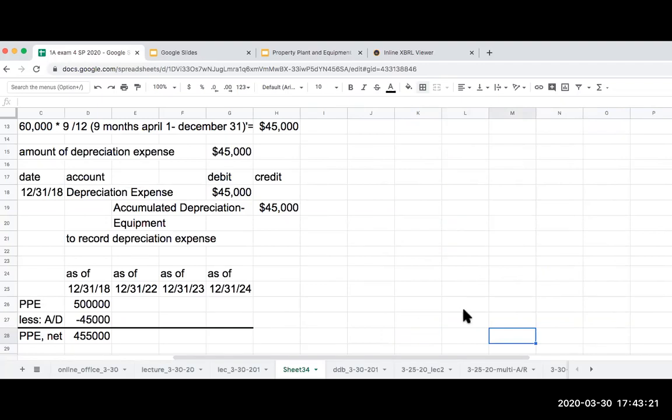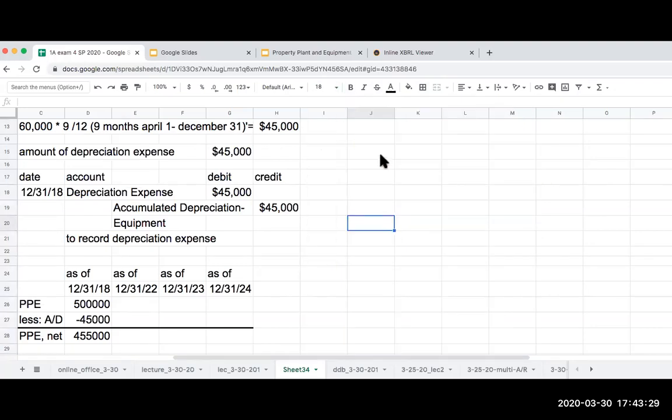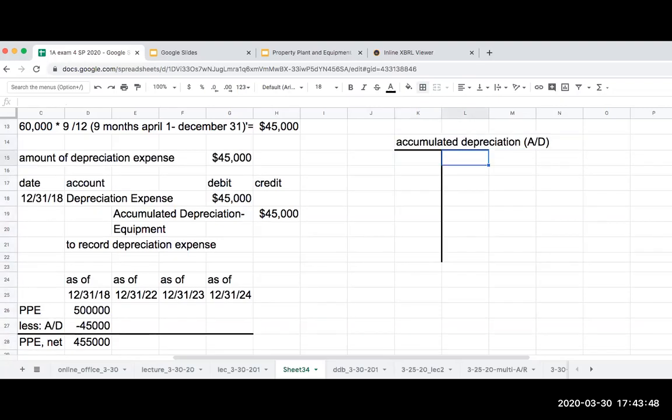Well, let's take a look at how this actually works by looking at a T account to get a better understanding. Over here, for my accumulated depreciation, I'm starting out with a balance. We bought this equipment on 4/1/18. The beginning balance is 0 because when I bought the asset, I had not depreciated the equipment at all.